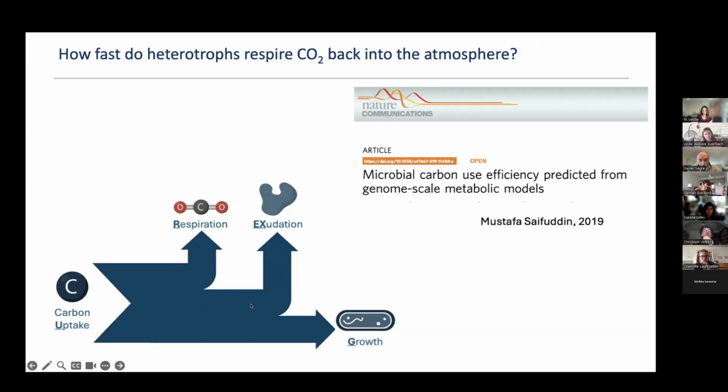We're now in the process of evaluating in more detail how carbon use efficiency, the ratio of the carbon that goes into biomass versus the carbon that is taken up by the cell, depends on different parameters, including the nature and composition of the carbon, the maintenance, interaction with other organisms, and so on.